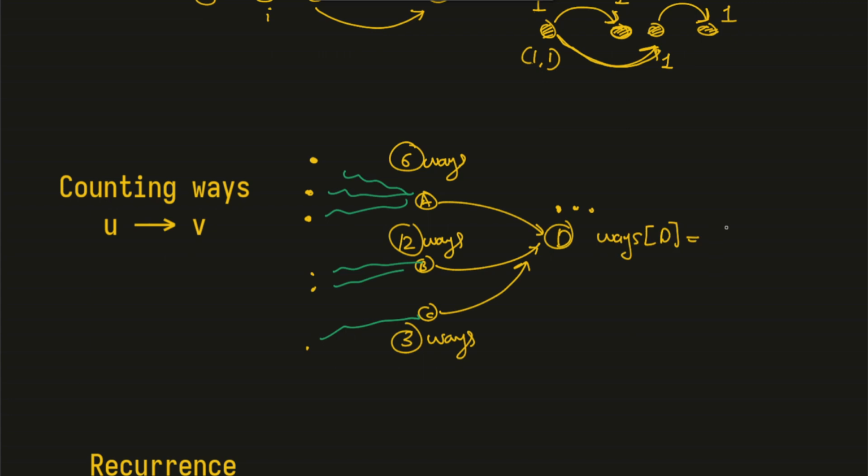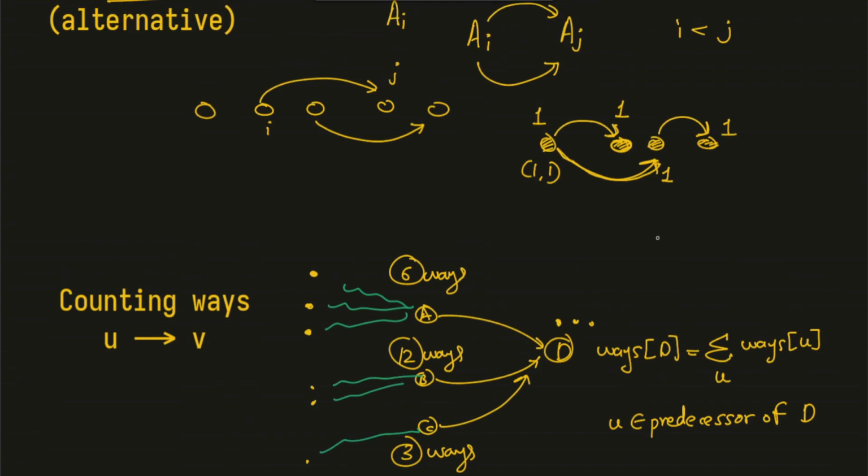Hence, the total number of ways to arrive at D would be summation of, let's say, node U, number of ways to arrive at node U, where U is a predecessor of D, which means in the topological sort, the node D would have been connected to some number of nodes, right?